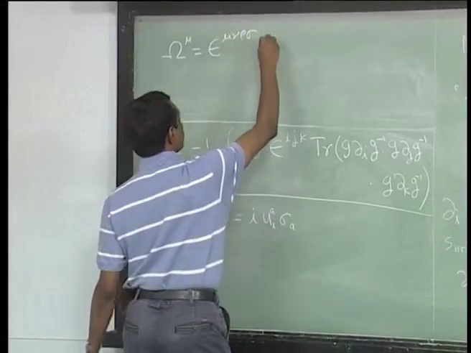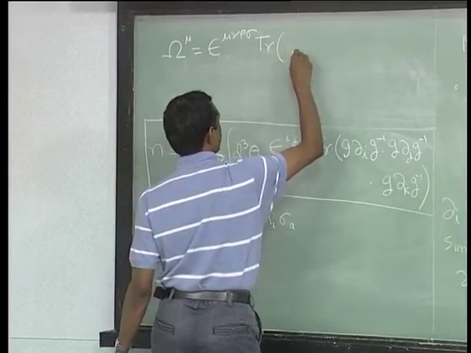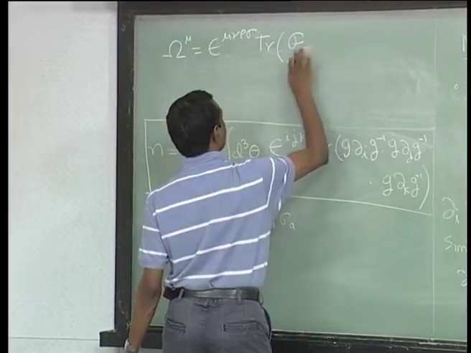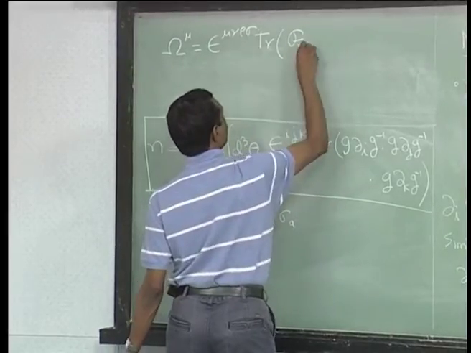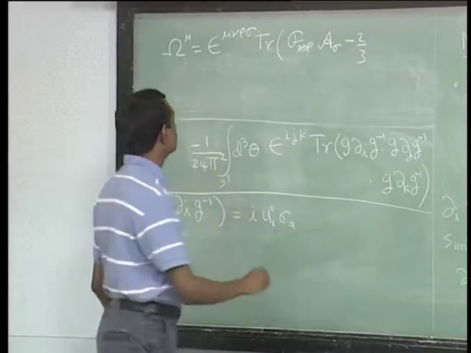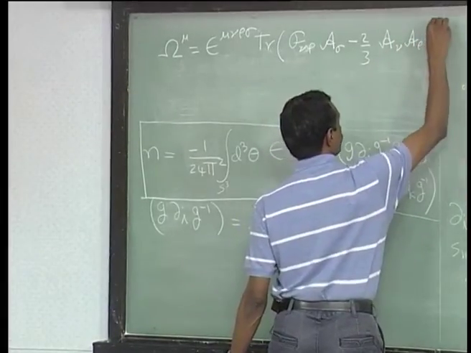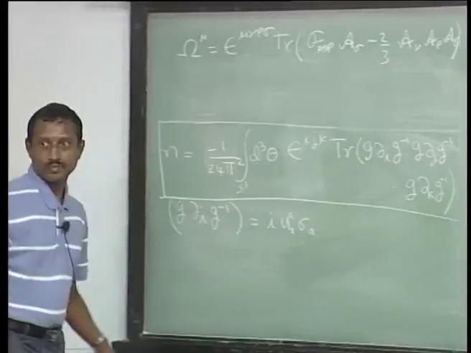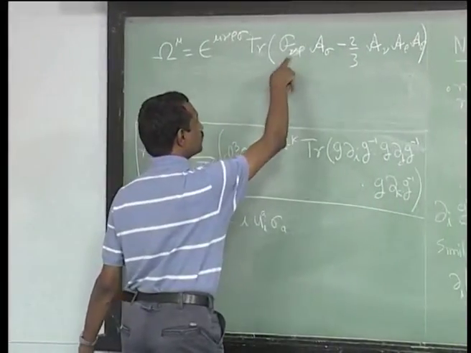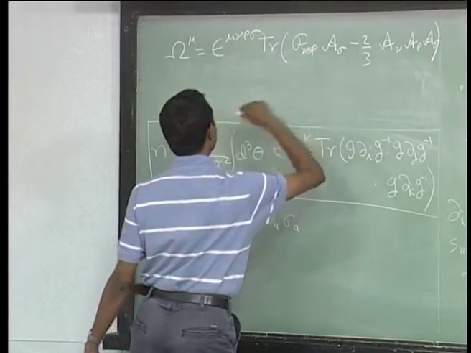Epsilon mu nu rho sigma trace of F nu rho A sigma minus 2/3 of that term. And if you substitute for what F is, you will find that that corresponds to flipping this sign.